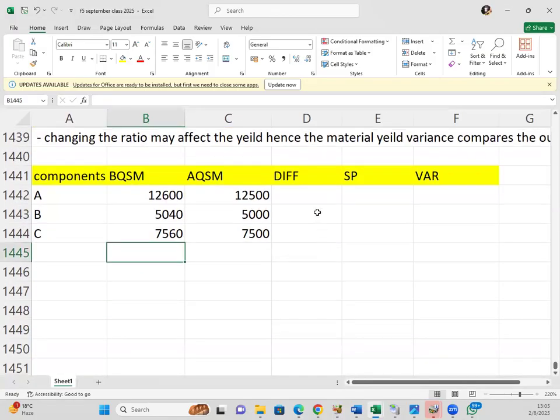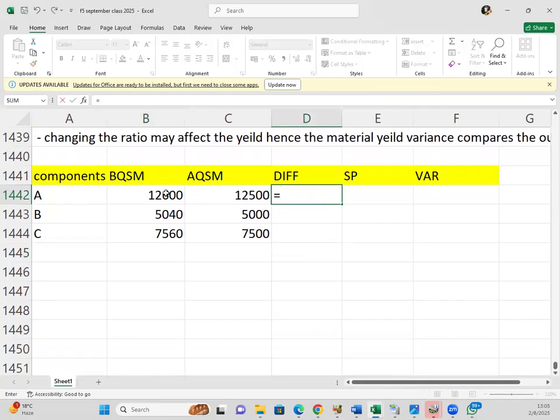You get a difference here. So the difference, you're saying this minus this. Do the same throughout.